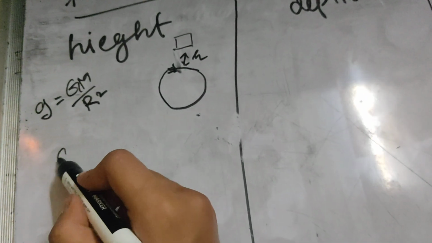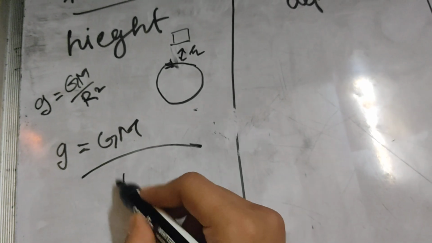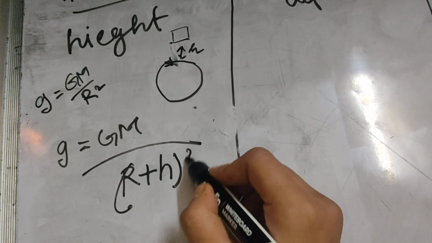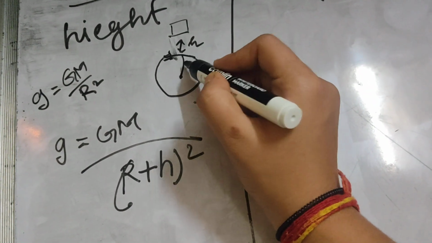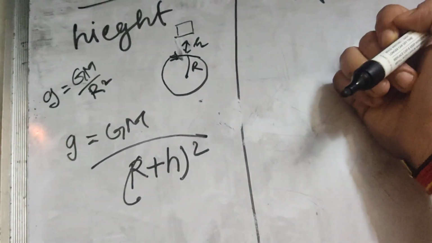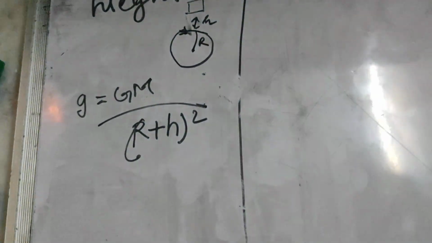That's it. So now what will the distance become? GM upon (R plus h) whole squared, because you always measure the distance from the center of the earth. So the total distance is R plus h, whole squared. That's it. So this is one formula.